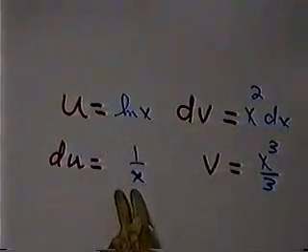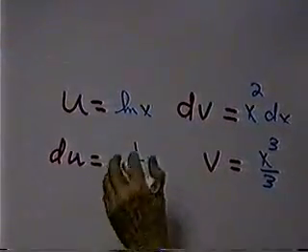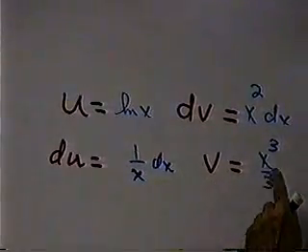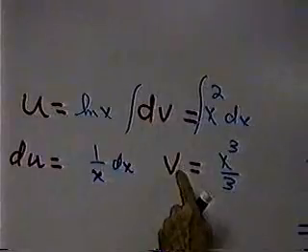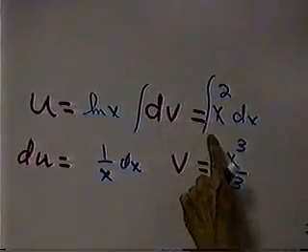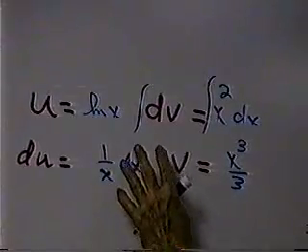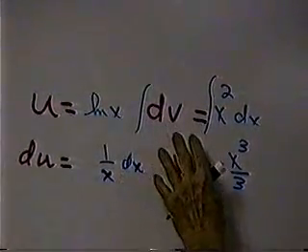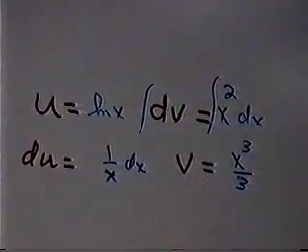You now take the derivative of the u part, and that will be du. The derivative of this is 1 over x dx. And if you integrate this, that becomes v, and this becomes x cubed over 3. So there's the decision of what you let be u and what you let be dv. U you take the derivative of, v you integrate.